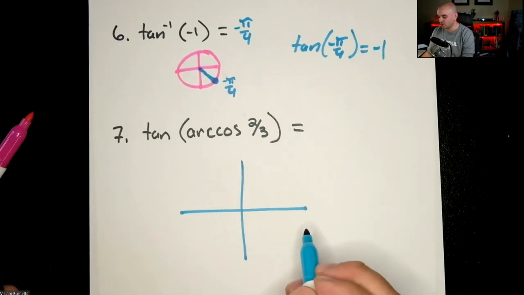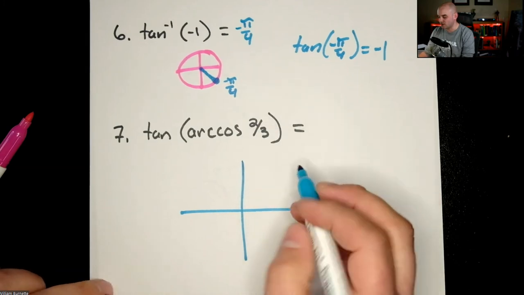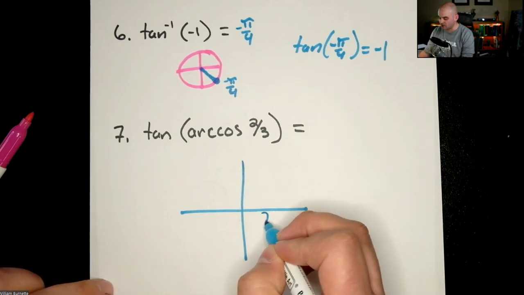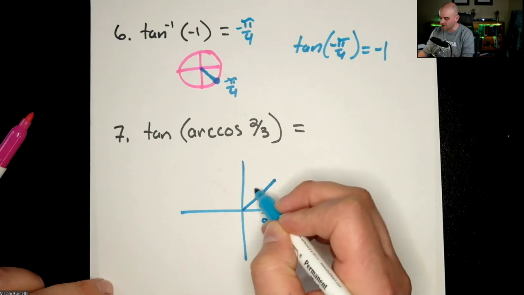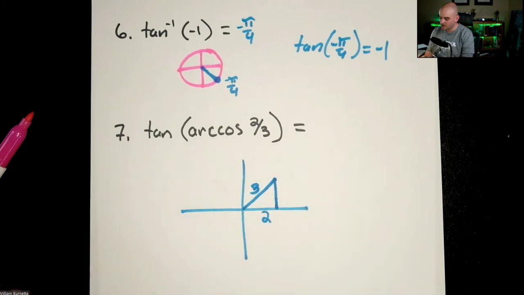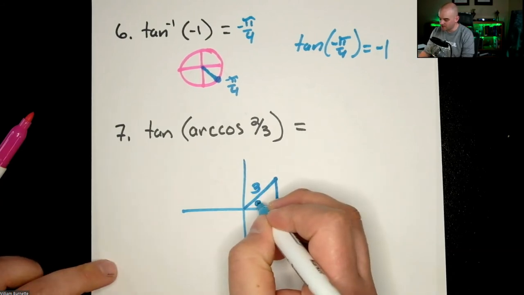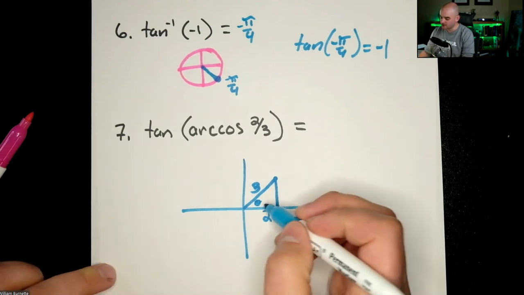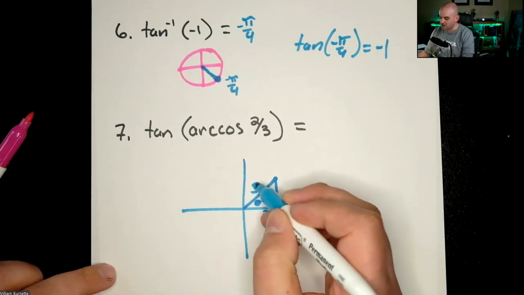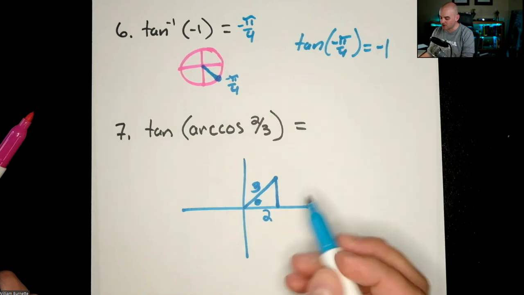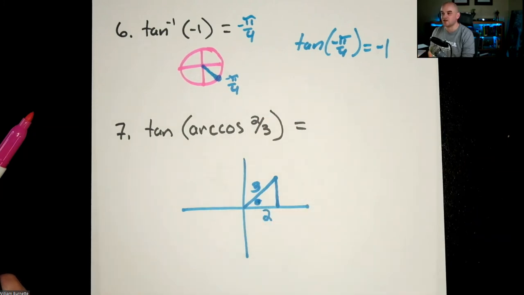Cosine is adjacent over the hypotenuse. So the adjacent side right here is 2, and the hypotenuse is 3. And so the cosine of this theta gives me 2/3.